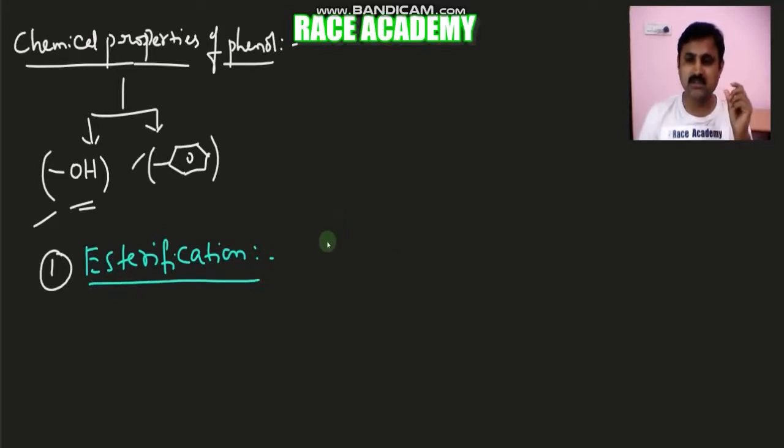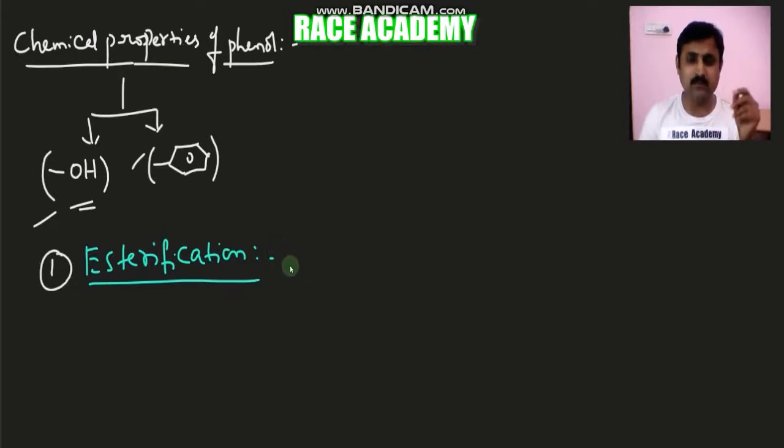Alcohols react with carboxylic acids and form esters. Carboxylic acid anhydrides also give esters. Acid chlorides also give esters. There, alkyl groups are present, the ethyl group and methyl group, in the formation of esters.